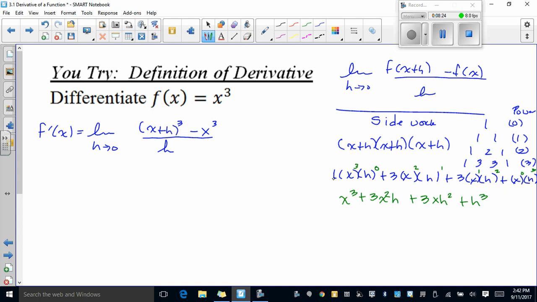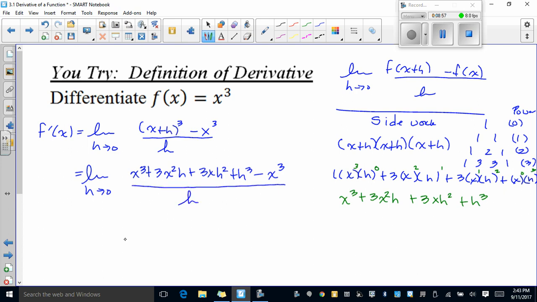So now we have here the limit as h approaches 0 of x cubed plus 3x squared h plus 3xh squared plus h cubed minus our original function, x cubed, all over h. Anything without an h cancels out. There's my positive x cubed, there's my negative x cubed.